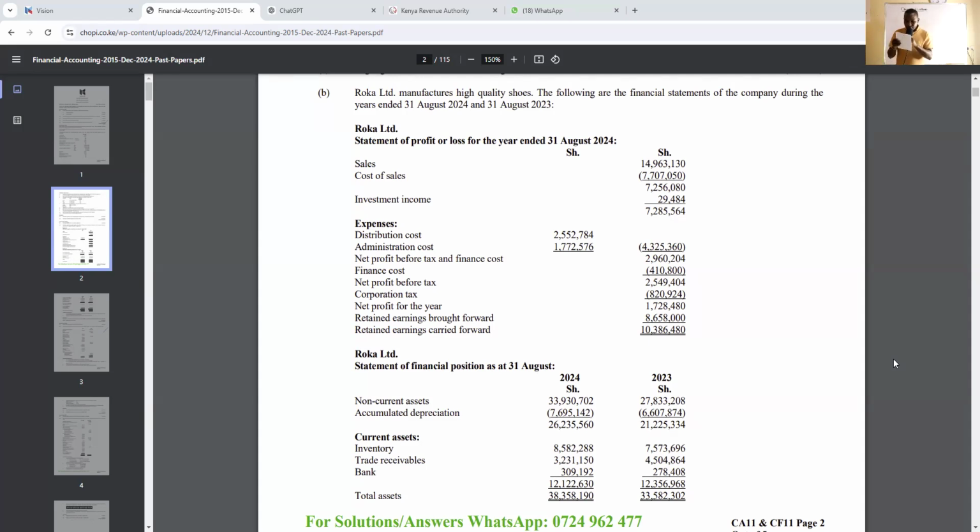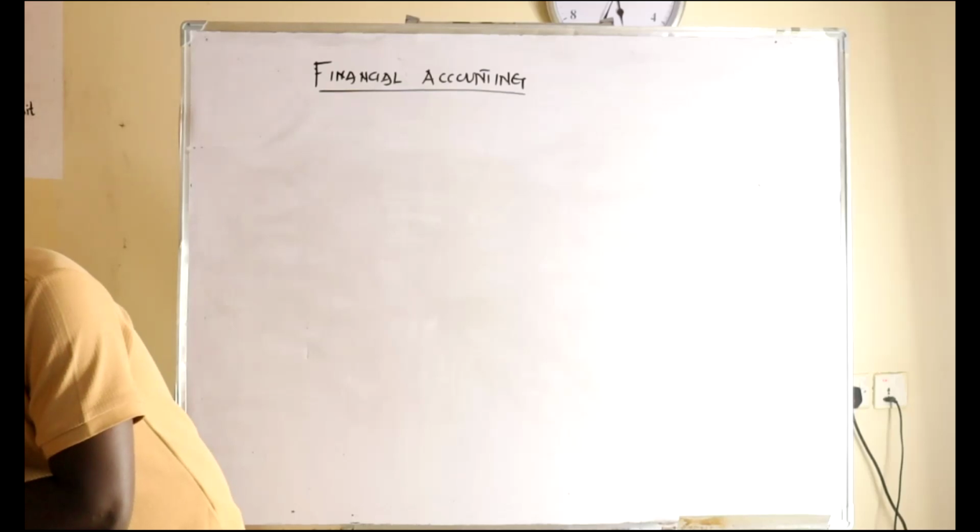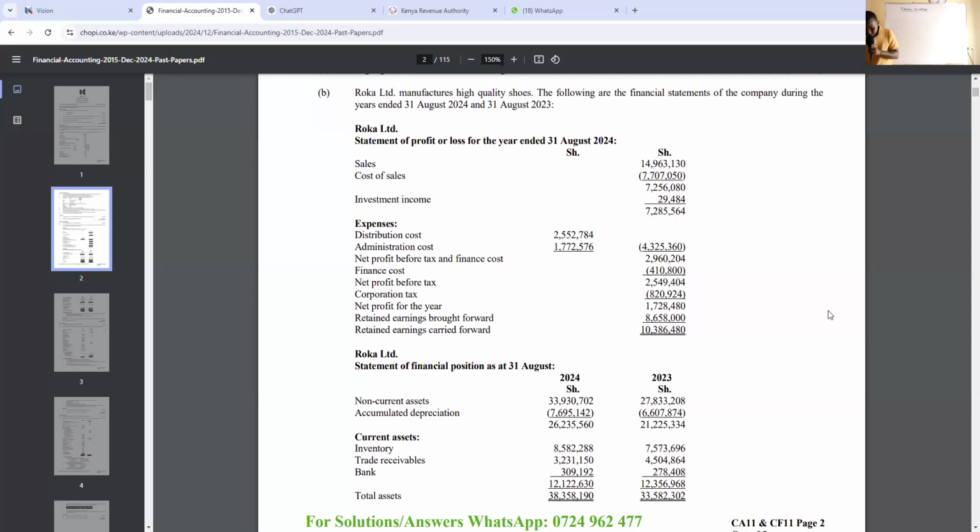So we have the income statement, where we have been given the sales. We have the balance sheet, also in two comparative years.